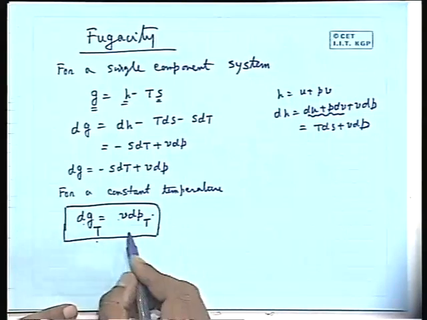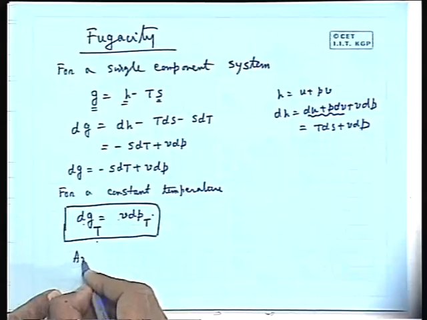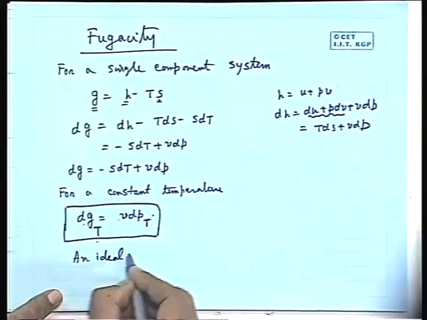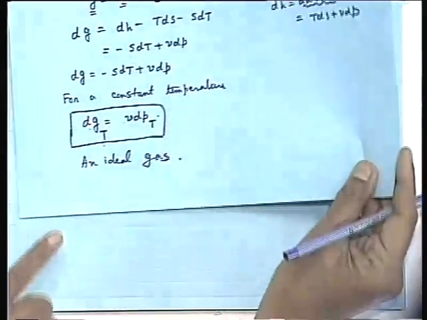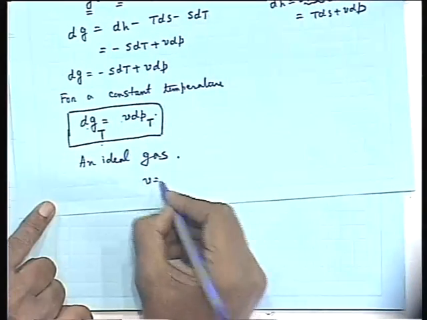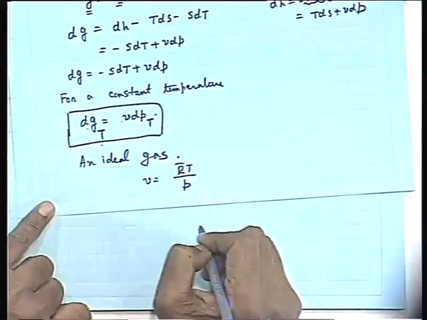Now if we consider this system as an ideal gas, then what can we write? We can write V as R bar T by P, where R bar is the universal gas constant.